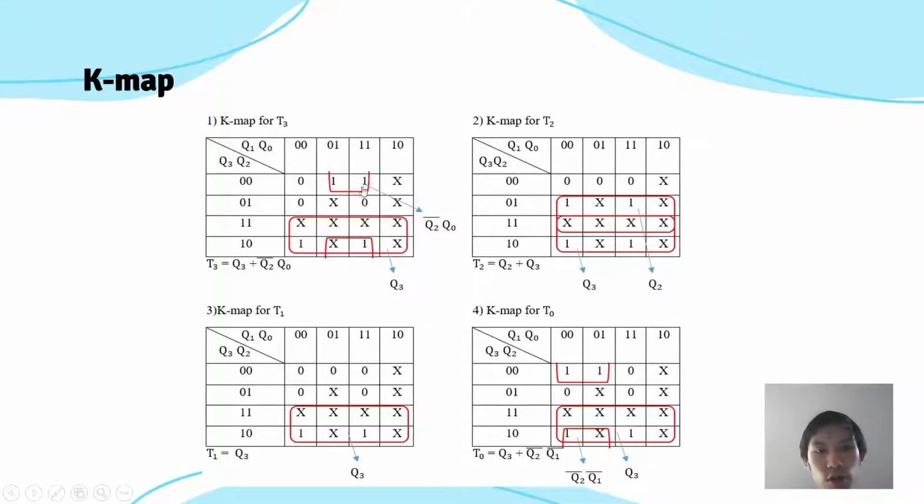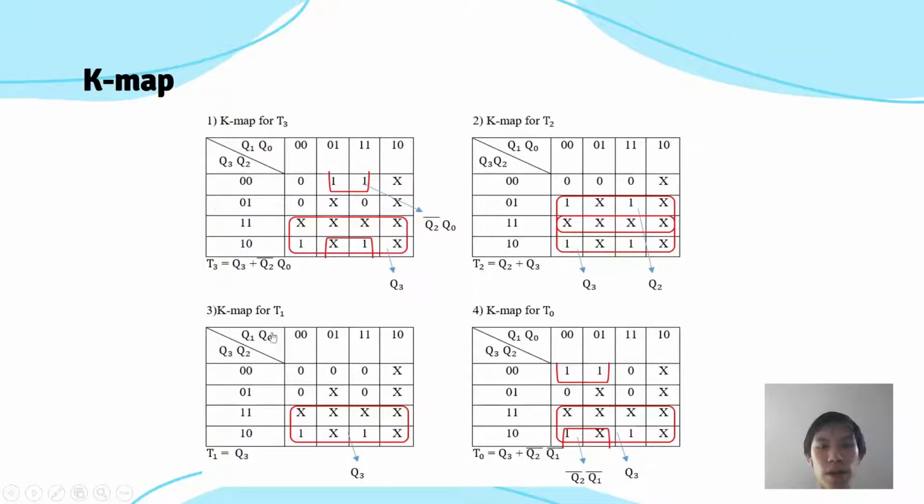And for the second group, Q2 and Q0 don't change, but Q2 is 0, so we need to put a Q2 bar. So the Boolean equation for T3 is Q3 plus Q2 bar Q0. And this is how we apply the K-map.